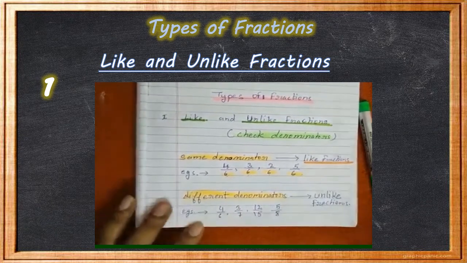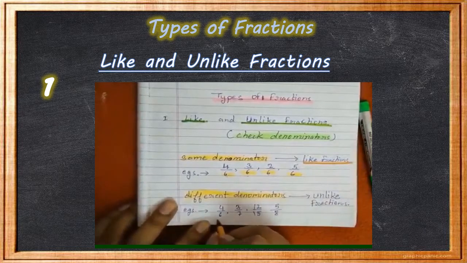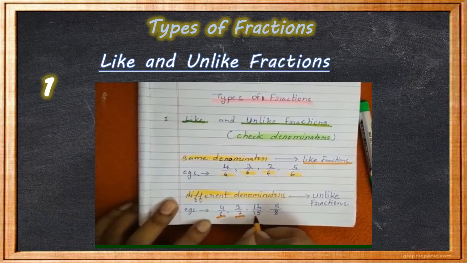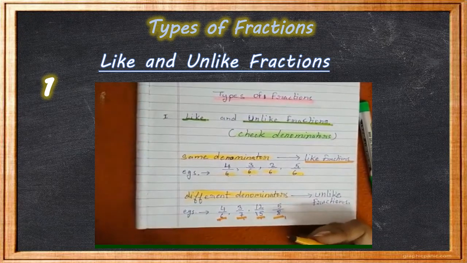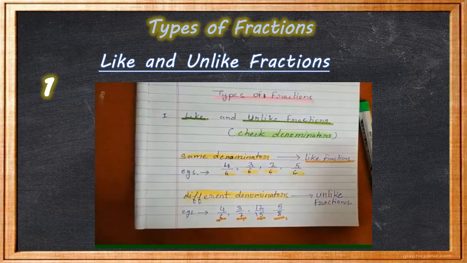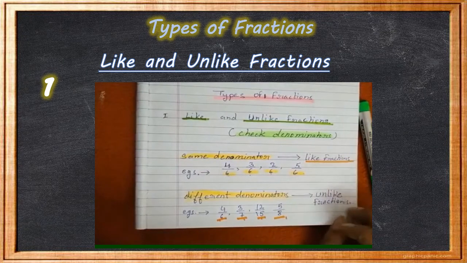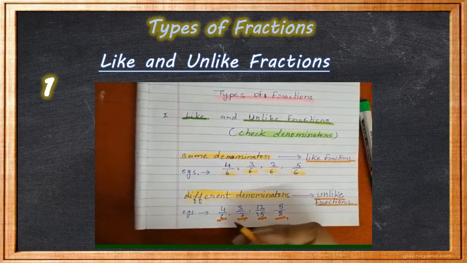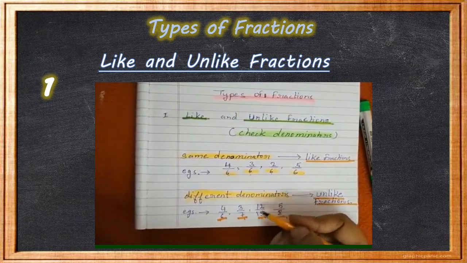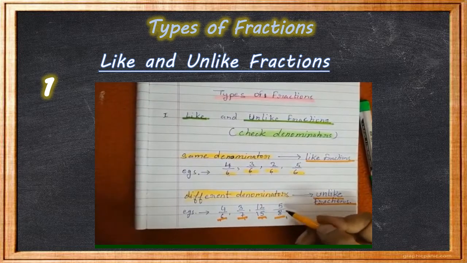In each case children, you can see the denominator is changing. The denominator is not the same. 6, 7, 15, 8. Whenever you have different denominators, that means you have unlike fractions, like 4 by 6, 3 by 7, 12 by 15, 5 by 8.